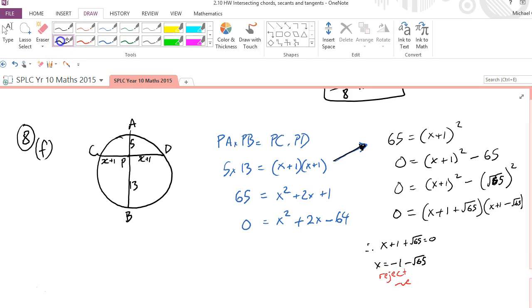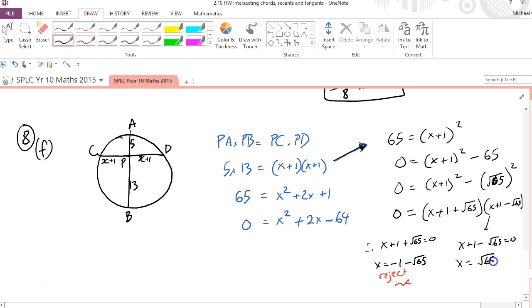But the other one's probably going to look after us just fine. Let's have a look here. X plus 1 minus root 65 equals 0. So I would add root 65 and then subtract 1. X equals root 65 minus 1. There you have it. Alright, enjoy the rest of the exercise.